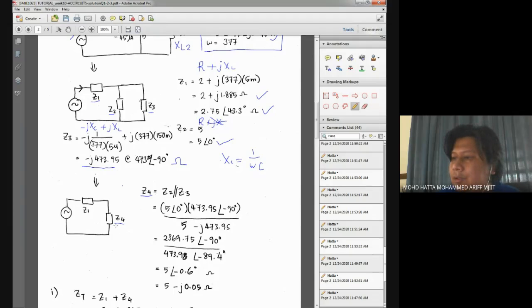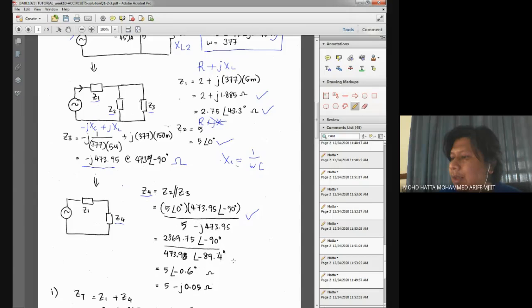I note this one as Z4, where Z4 is given by Z2 in parallel with Z3. The way we calculate is like this: Z2 times Z3 divided by Z2 plus Z3 for the parallel connected impedance.